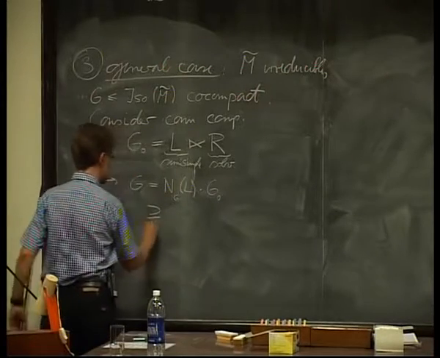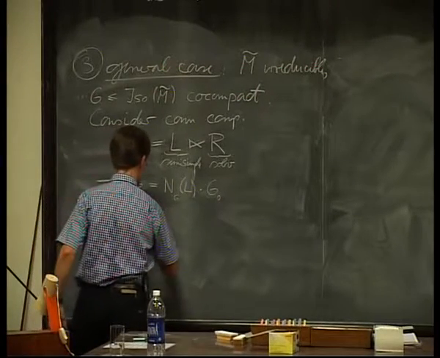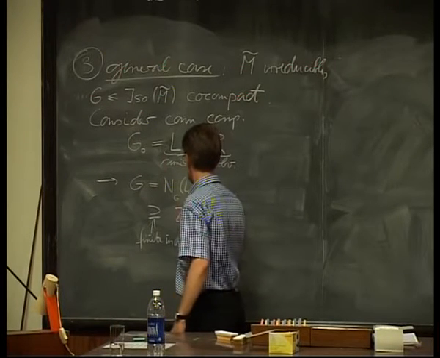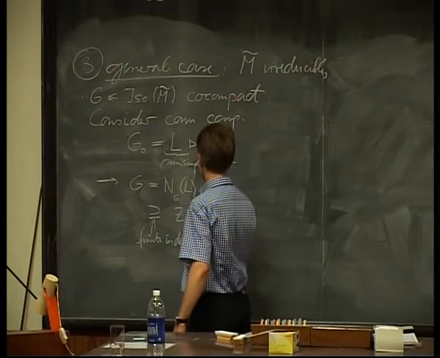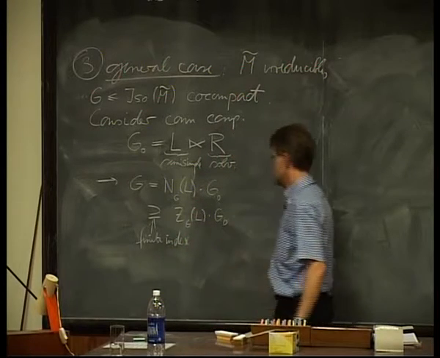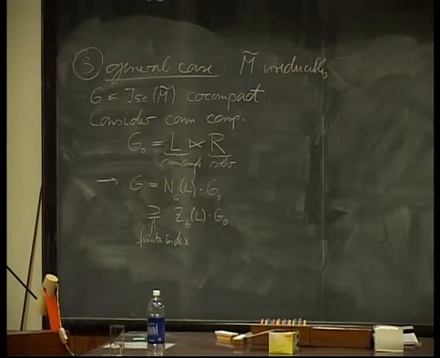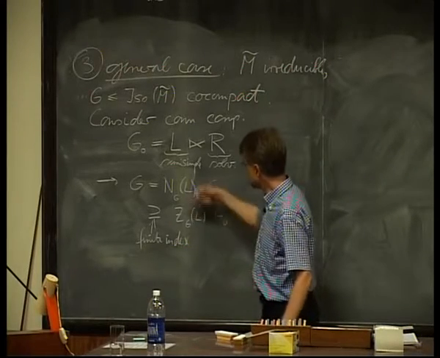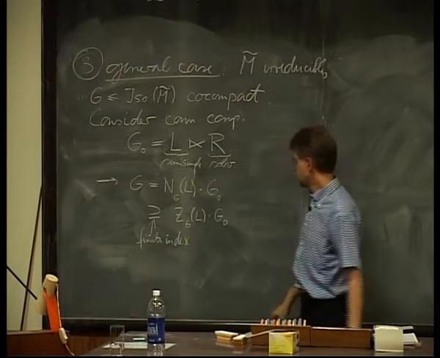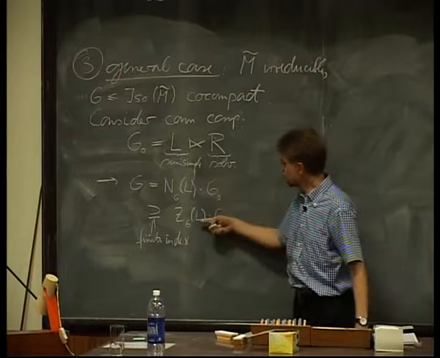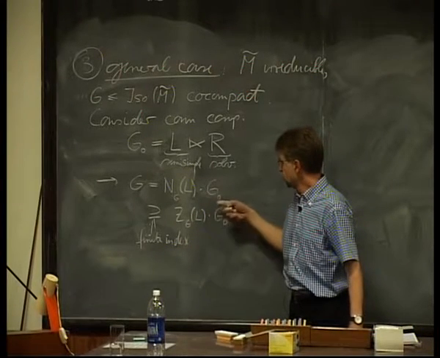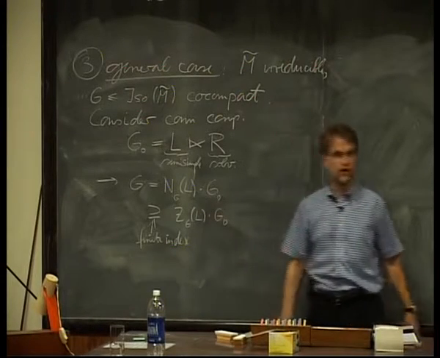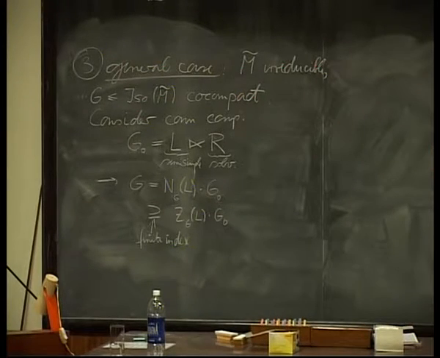And we find a subgroup of finite index consisting of those elements which centralize L, due to the fact that the index is at most as big as the number of outer automorphisms of L, and there are only finitely many for a semi-simple group.